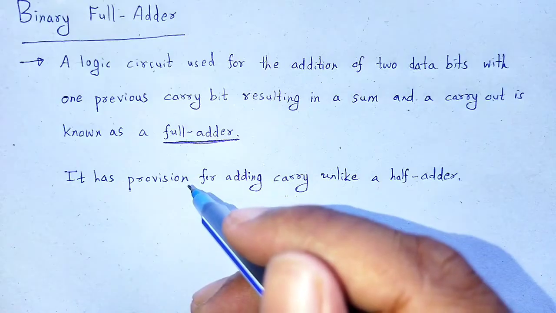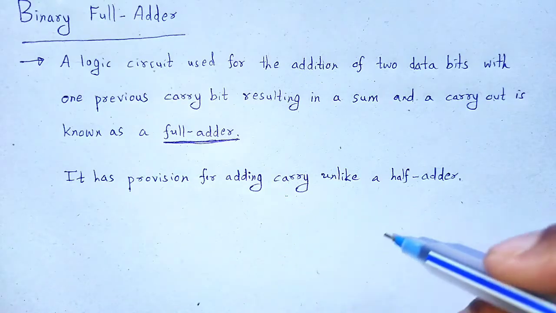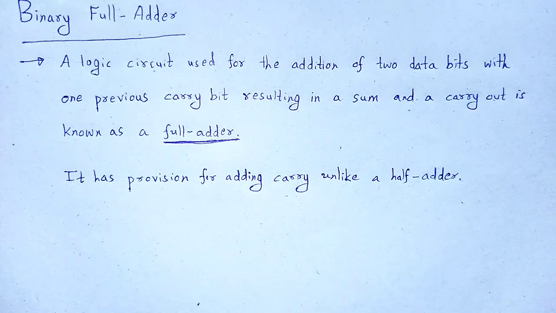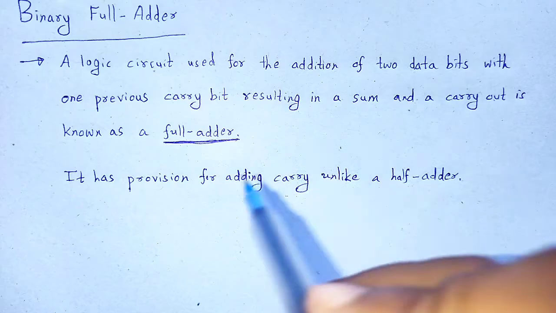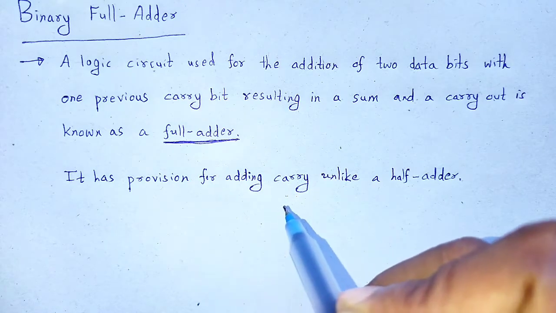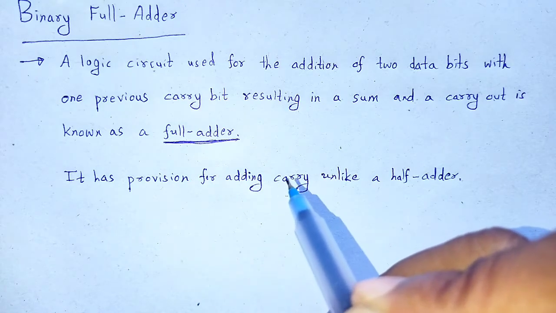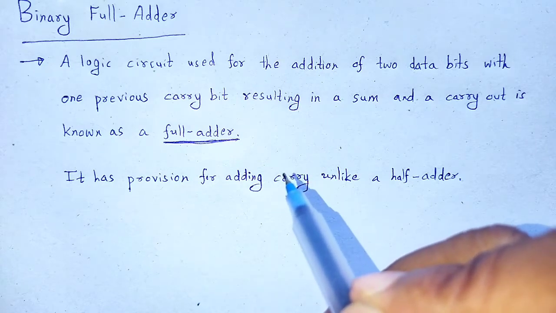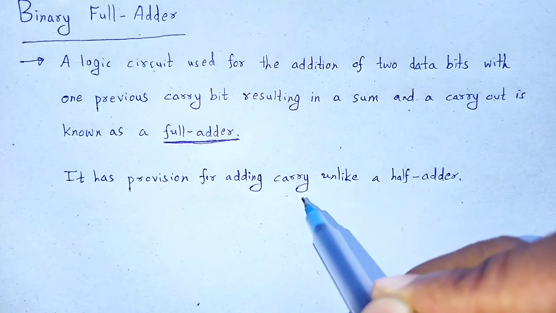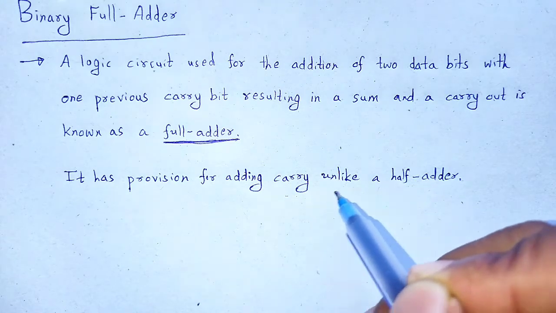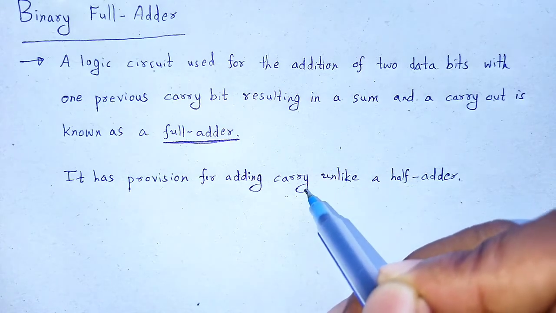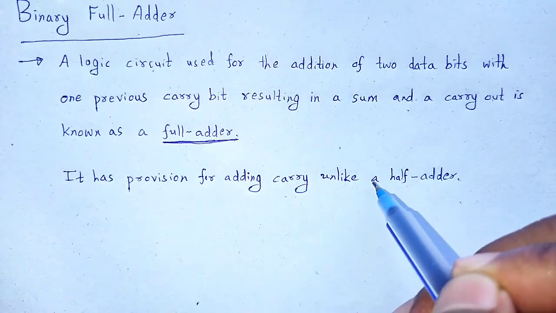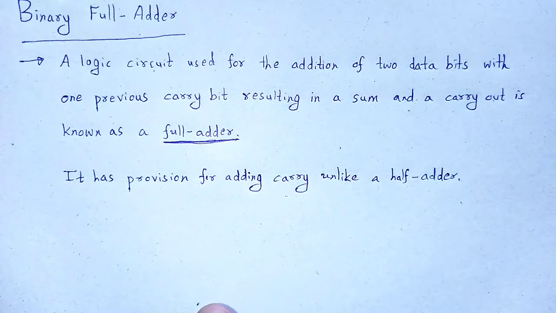It has the provision for adding carry, unlike a half adder. In a half adder there is no provision to add a third input, but the full adder has the provision to add a carry.